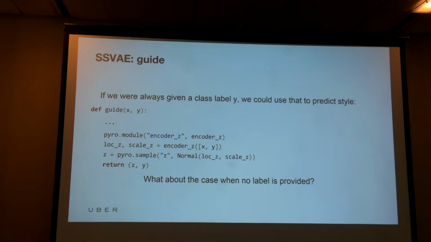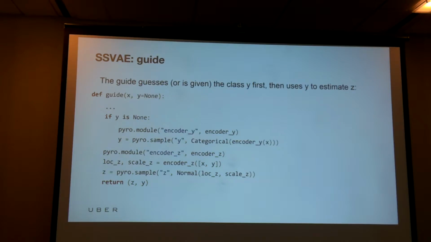But obviously, remember that we said we're only collecting a subset of labels for these images. So what about the case when no labels are provided? We'll do the simplest thing we can think of, which is that when there's no label, we'll have the guide guess the label.